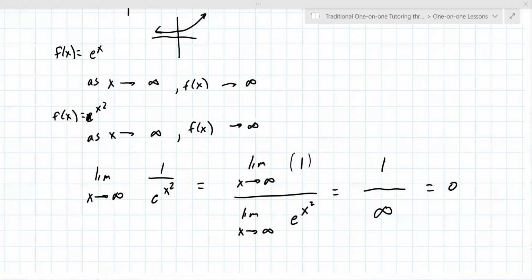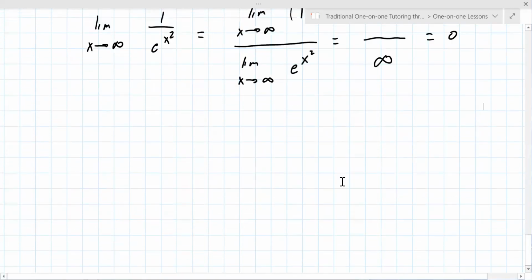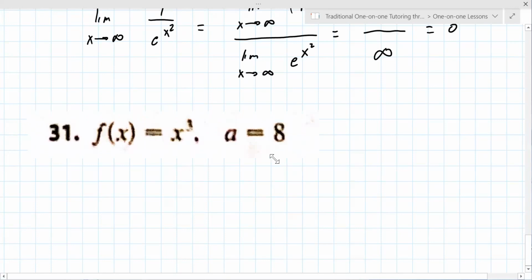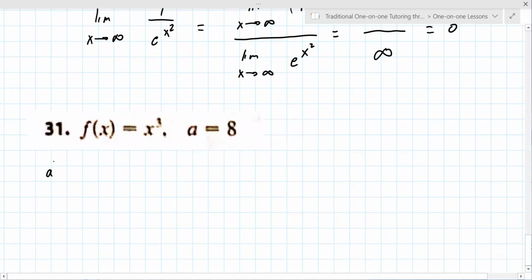All right, so 31. Yeah, okay, there's a lot to do here. Show that f is 1 to 1. All right, so part A, do we have to do all parts for this? It's fine if we do.